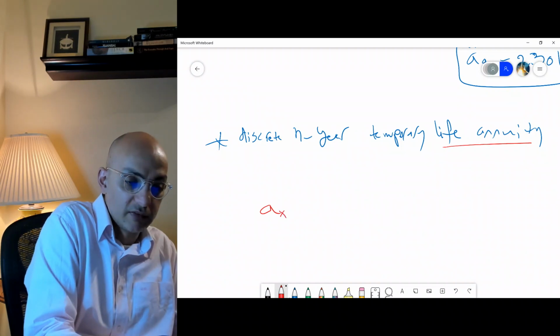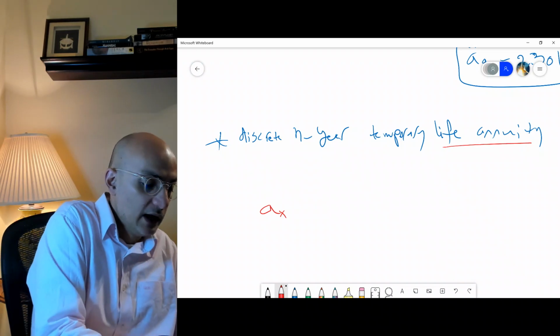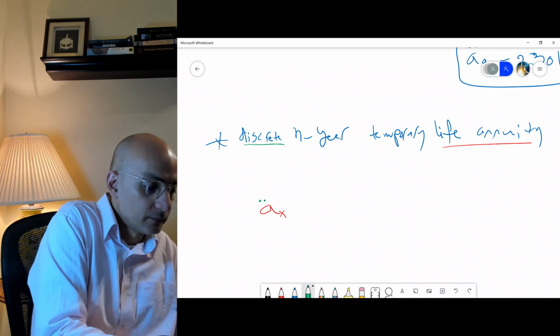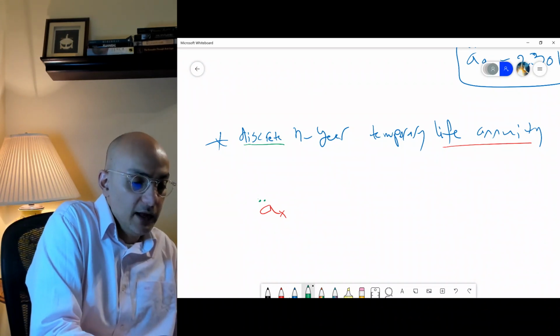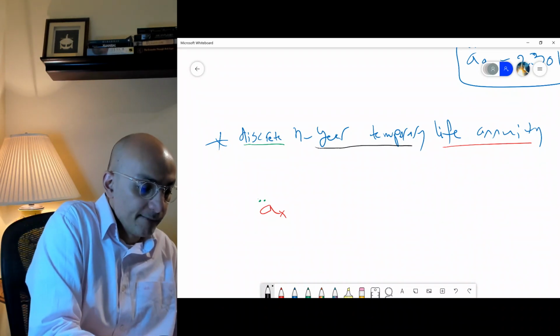If it's certain, we don't give it X. Now discrete means we need to give it 2 dots. And n-year temporary means only for n years.